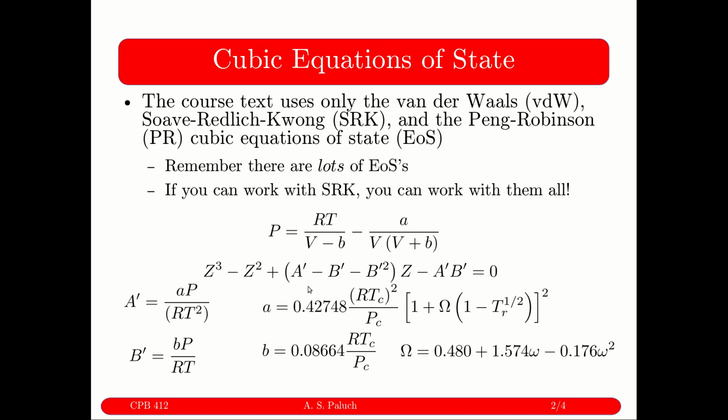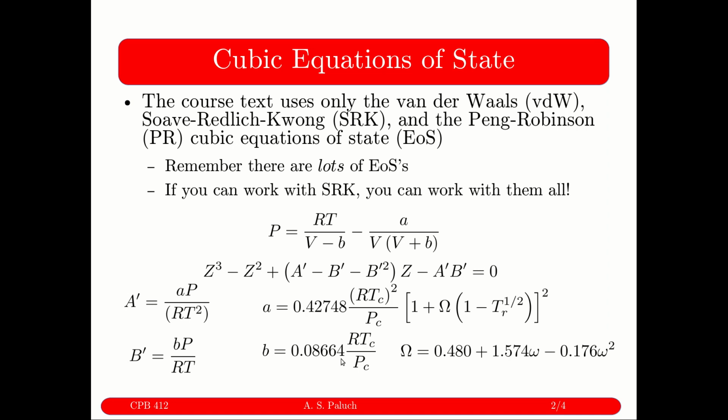Okay, A and B we can relate to their critical properties and acentric factor for the case of SRK via these equations. So while this works really well for pure components, and we can use it to predict pure component properties or phase behavior of a pure component system, extending it to mixtures becomes complicated. Here for this pure component system, I'm able to relate A and B to pure component properties.